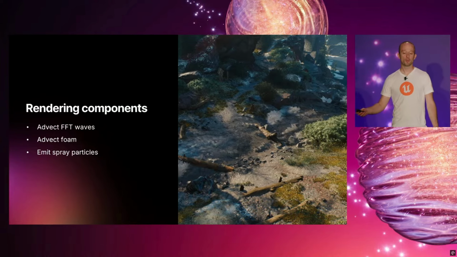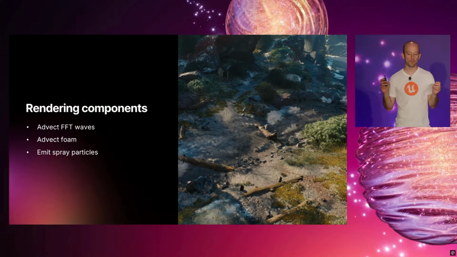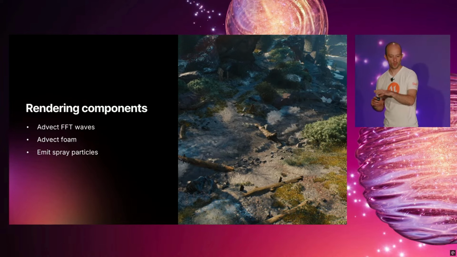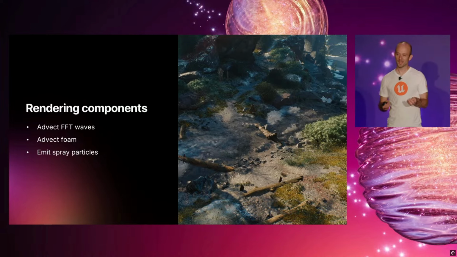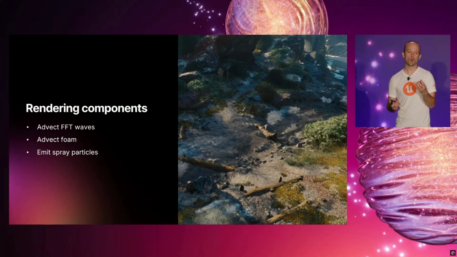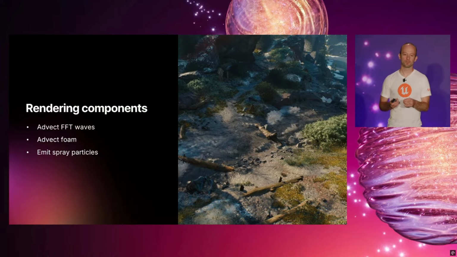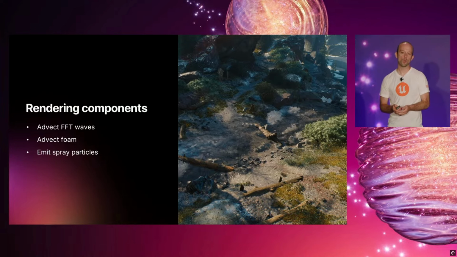There are a couple components that we use in that Witcher 4 demo and what's in the engine: advecting FFT waves, which gives surface ripples that move with the flow; advected foam, which is what you might expect, white frothy areas of the water that have been churned up; and also spray particles that use Niagara simulations to propagate things that leave the surface and add more three-dimensional detail to this 2D water simulation.